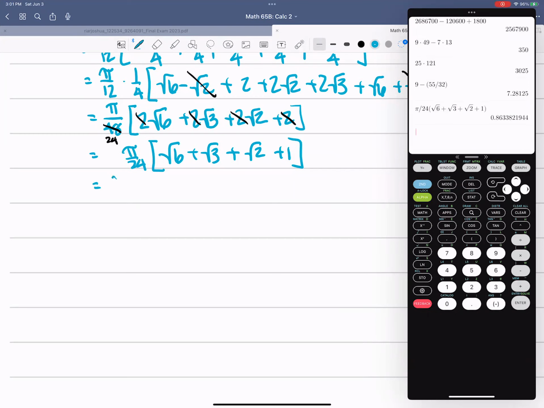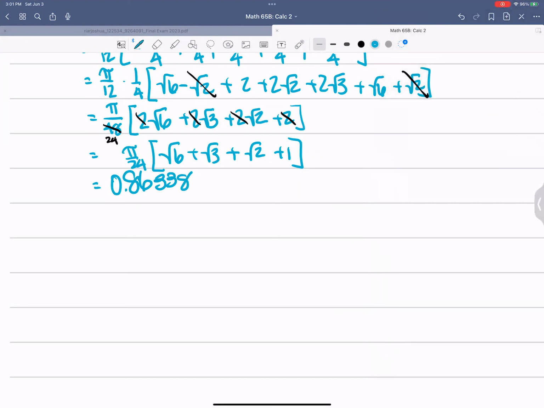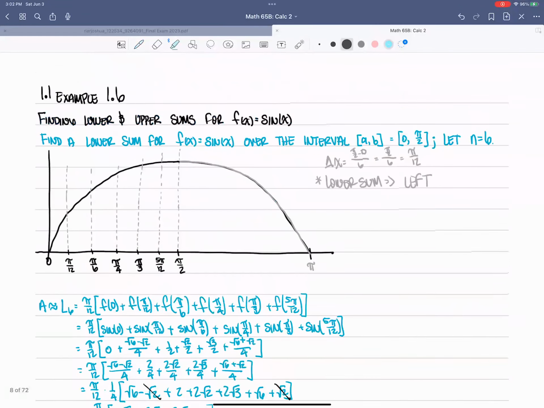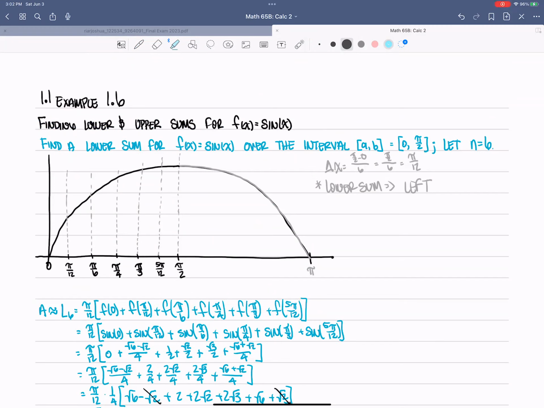That gives 0.86338. I'm just going to say 0.8634. And there we go. Perfect. And that's the lower sum of sine x for this interval. If you have any questions, please do not hesitate to ask. Otherwise, bye.